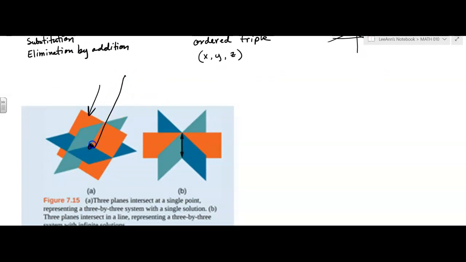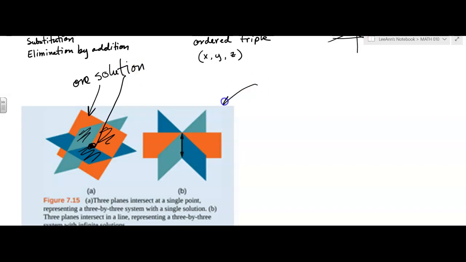That point is part of the light green plane, the orange plane, and the dark blue plane. And so you get one solution, one ordered triple.